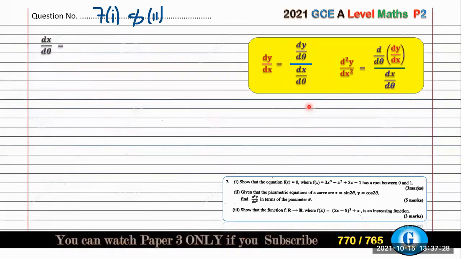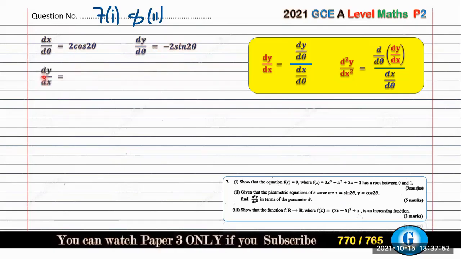So dx d theta here will be equal to, when you differentiate sine 2 theta, 2 cos 2 theta. So dx d theta is 2 cos 2 theta. And when you differentiate cos 2 theta, you have minus 2 sine 2 theta. Now let us look for dy dx.